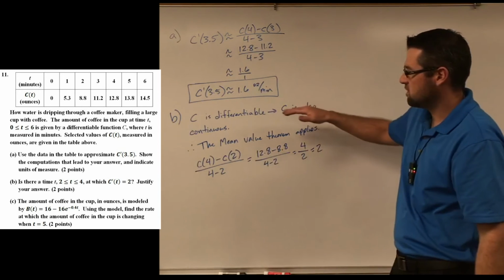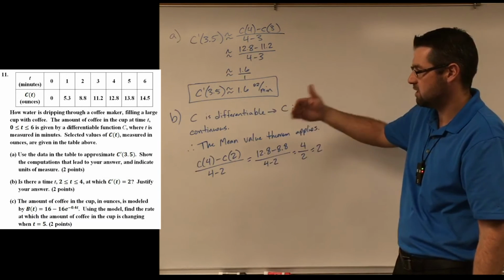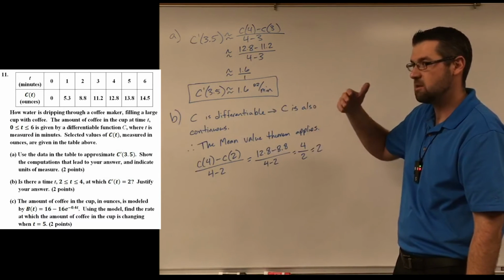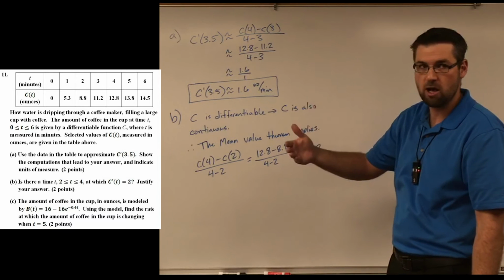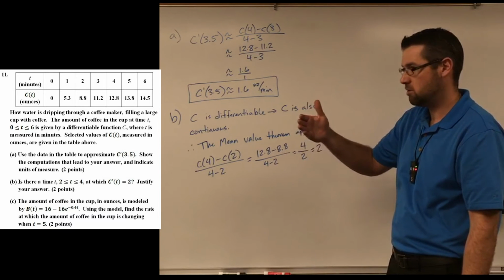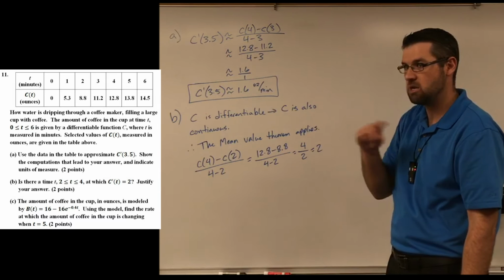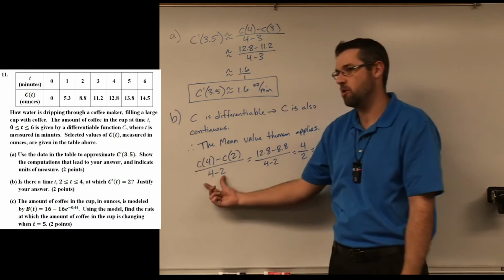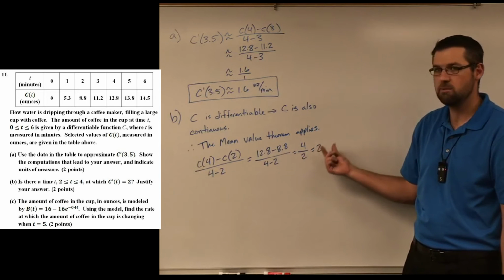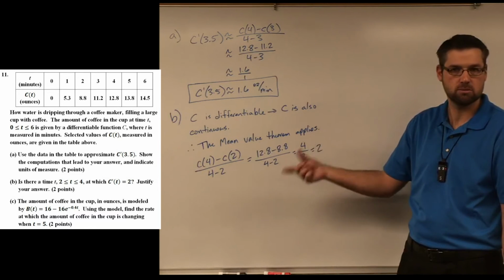So since the function is differentiable from 2 to 4, and it's continuous from 2 to 4, that means the mean value theorem applies. What's the mean value theorem say? It says C prime will equal the average slope somewhere in between the endpoints. Since the endpoints are 2 and 4, and the endpoints produce an average slope of 2, that means C prime must be 2 at some point.